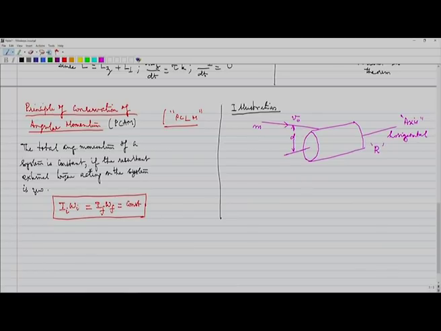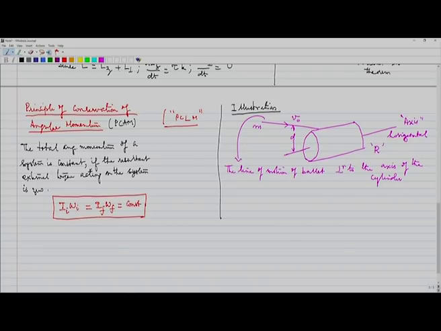This is the line of motion of the bullet. It is perpendicular to the axis of the cylinder, even though in the figure it may not look like that. That's why I am writing this.